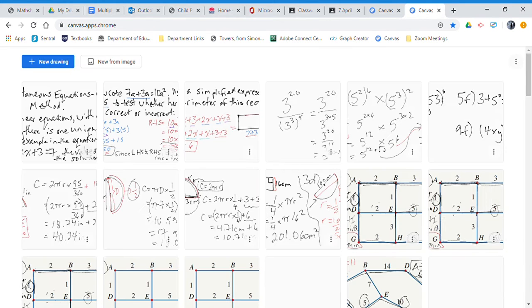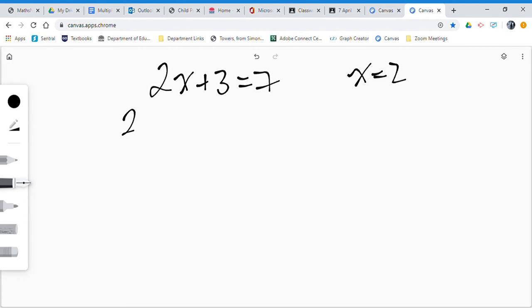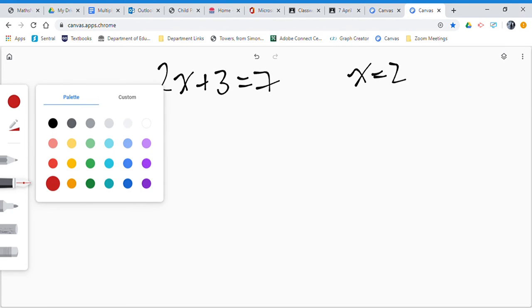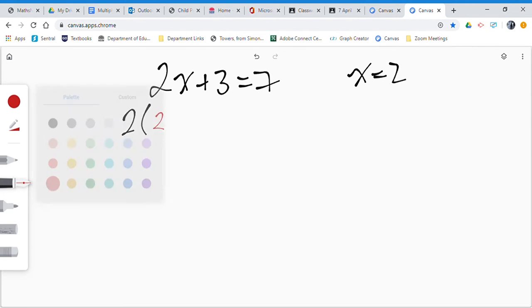So if we were to look at how to verify that's true, you take your original equation. We would have 2x plus 3 equals 7. To verify, we substitute in our value of 2 for x: 2 times 2 plus 3 equals 7.